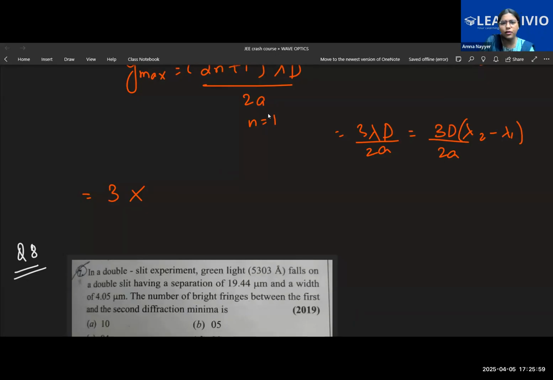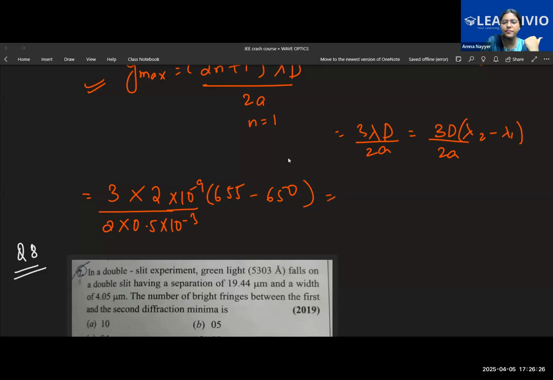Eventually these things will be taken out common and these will be left. So for this question, you can directly use this formula. That method I just told you because we didn't discuss it above, in case such a question comes in the exam. So D is 2 meter, the aperture is given as 0.5 millimeter, which is 10 to the power minus 3, and 655 minus 650 into 10 to the power minus 9, that will be 5 only.